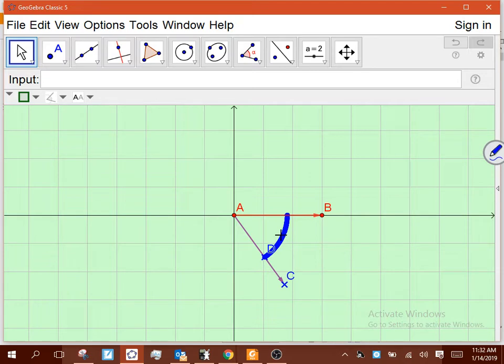Well, let's say that's 55 degrees. We would say because we went this direction, it's actually negative 55 degrees. So moving counterclockwise, rotating that way, you get a positive angle. Rotating this direction, you get a negative angle. Does that make sense?